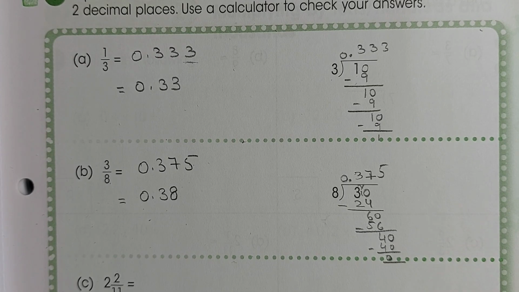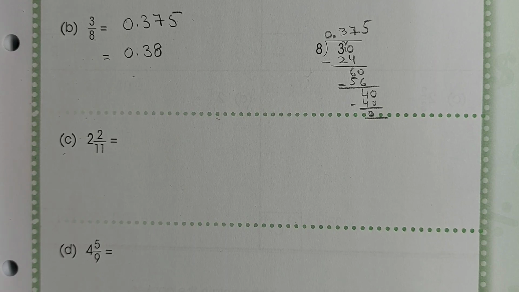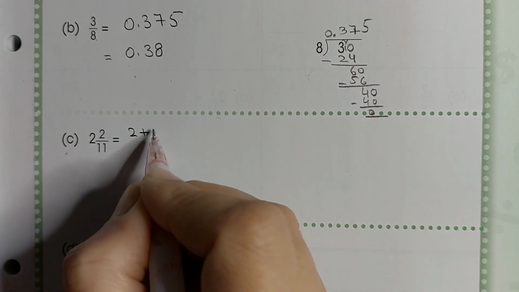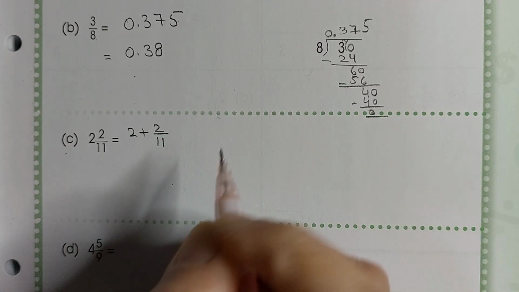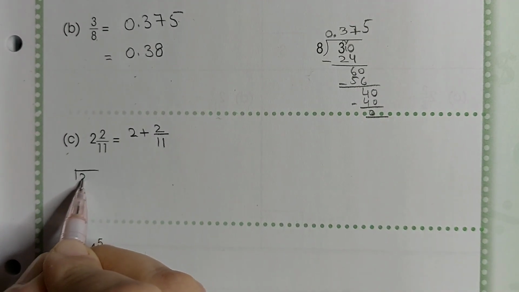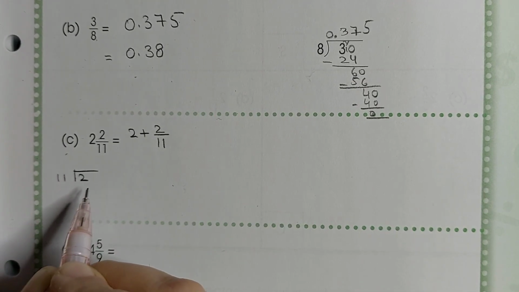Now move on to part C. Part C is 2 whole number 2 upon 11. Now again what we have to do, we have to separate our whole number. 2 plus 2 upon 11. So what we have to put inside? We have to put inside 2, which is our numerator, and outside 11, whatever is our denominator.